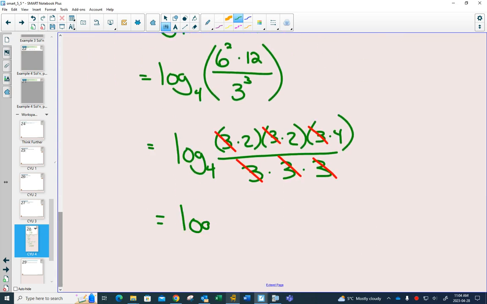And then we end up with log base 4 of 2 times 2 times 4, which is 16. And I think this is one you should be able to do directly. Log solves for exponents. 4 to what exponent is 16? 2. All right, circle question number 13.